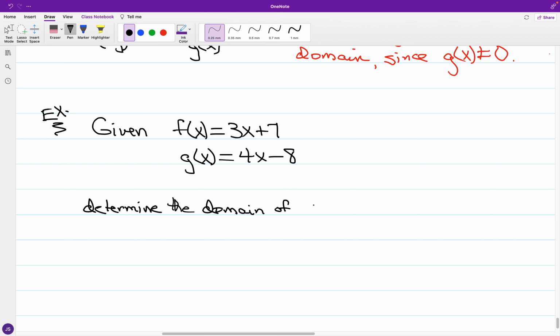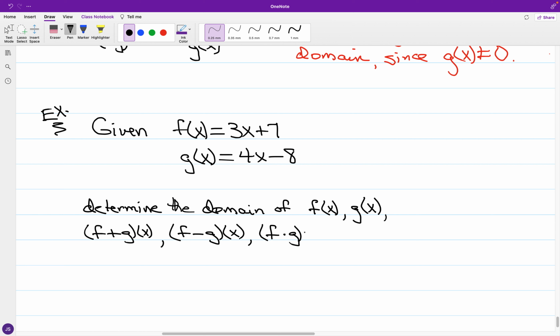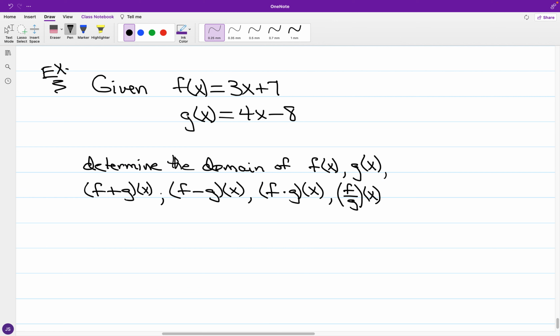I have to determine the domain of f of x, g of x, as well as what we have for the operations. So we're looking for just the domain.